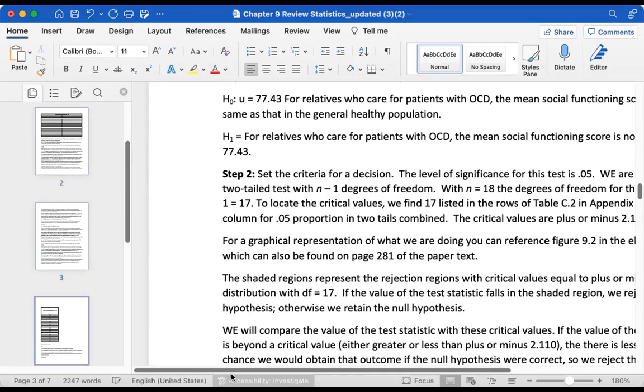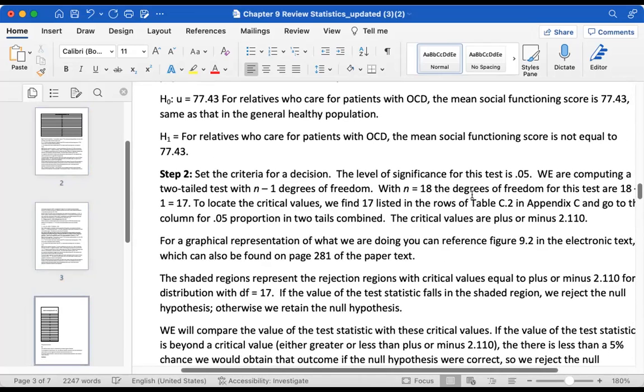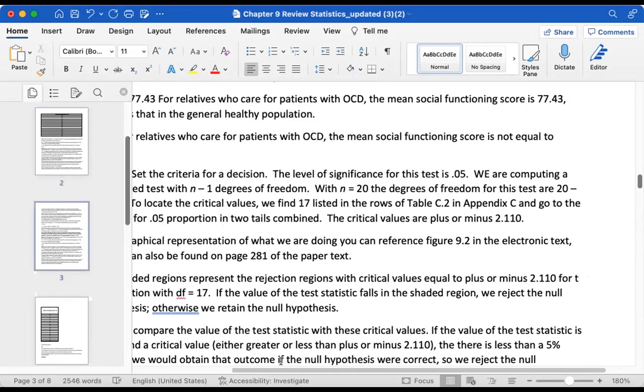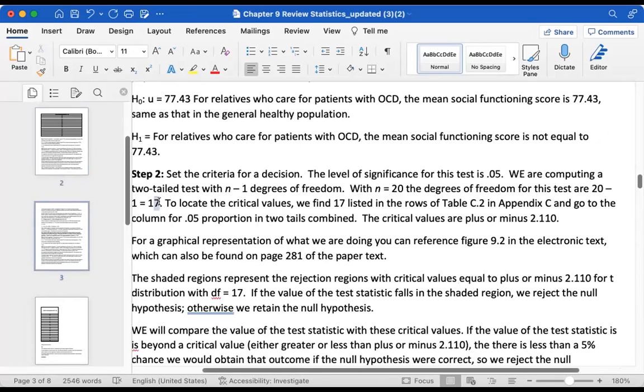So set the criteria for the decision. So this would be the same, but this would be n equals 20. Because there's 20 numbers, that means it'd be 20 minus 1, which is 19. So this would be 19, and this would be 2.093.